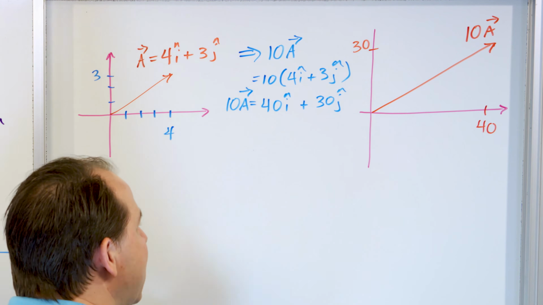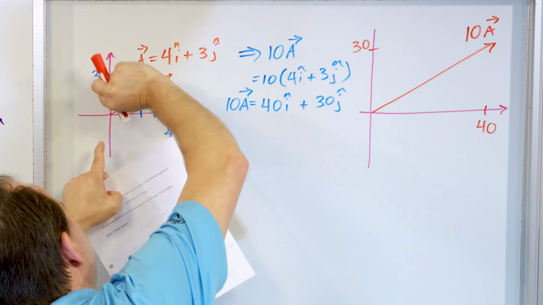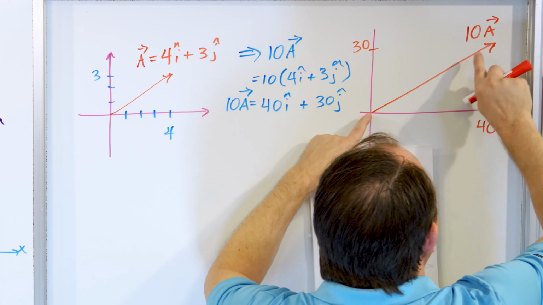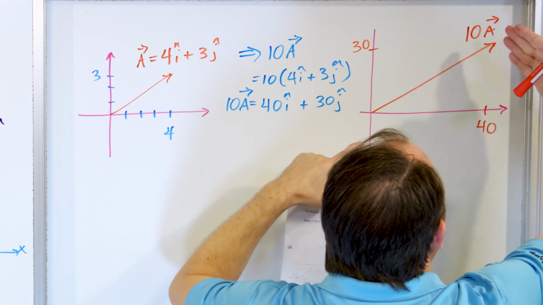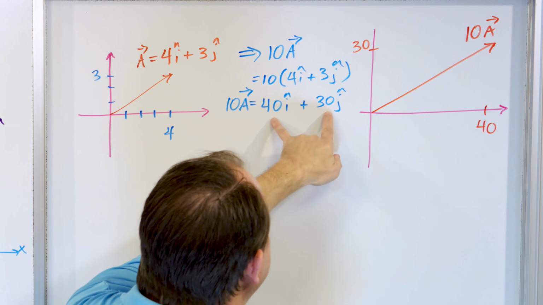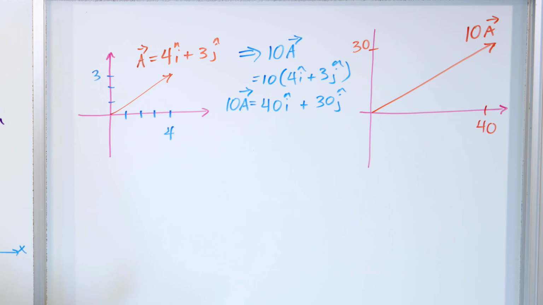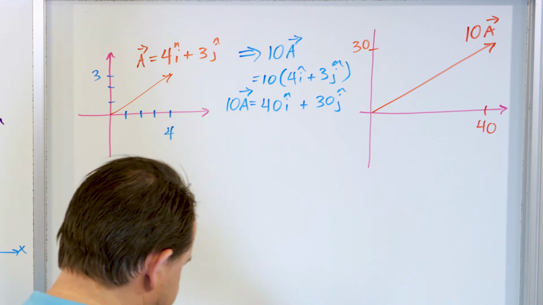Because, let me say one more time, you've stretched the x component tenfold and you've also stretched the y component tenfold, it makes the slanted length of the thing 10 times bigger, but pointed in exactly the same direction, because the ratio of the x and the y components is the same as it was in the original problem, because you're multiplying each component there.